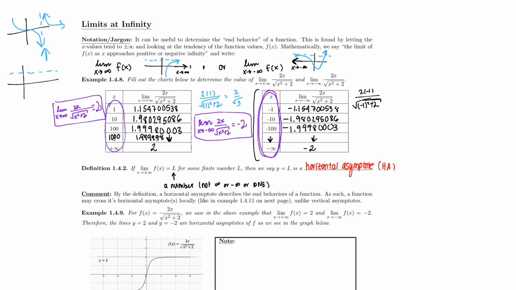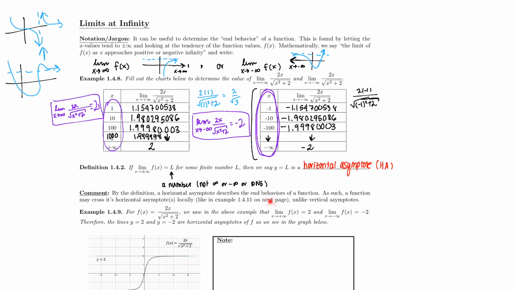So I can have a horizontal asymptote here and have a function that does this. It's okay to cross horizontal asymptotes. You rarely will cross a vertical asymptote, but it's very common to cross a horizontal asymptote. So that's what this is saying here.